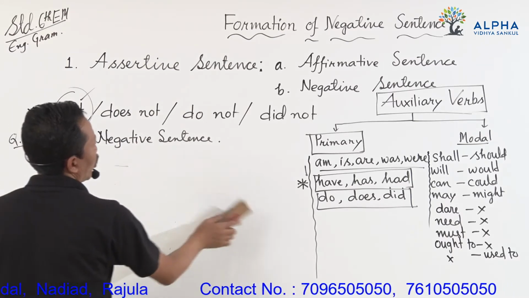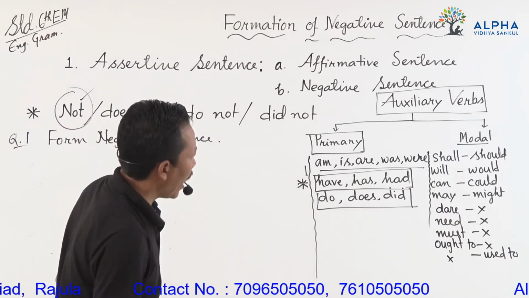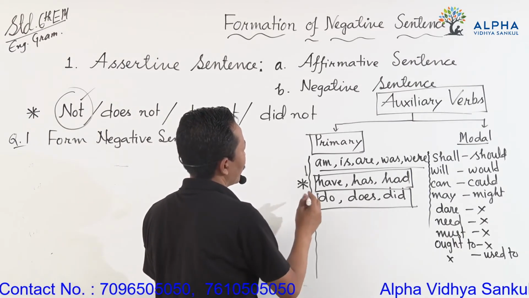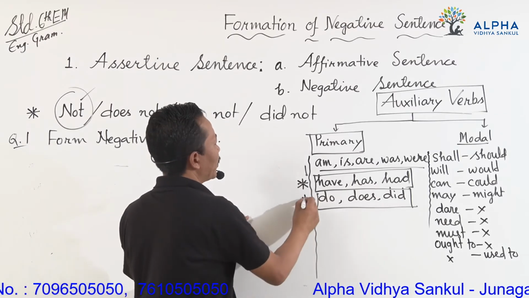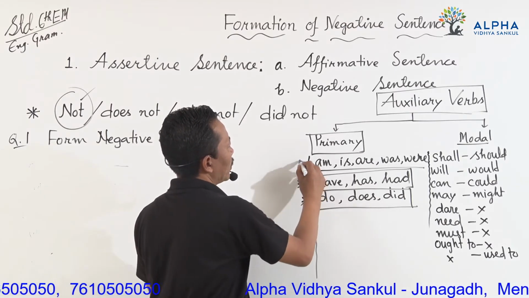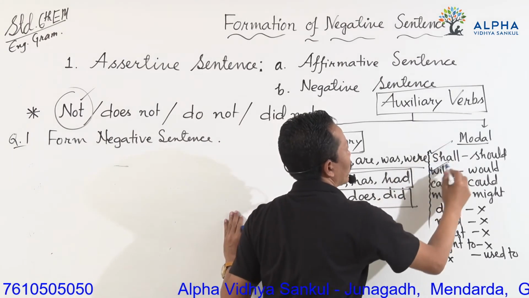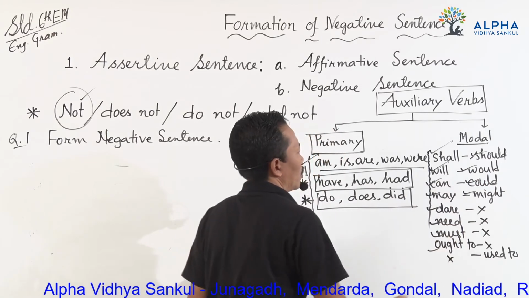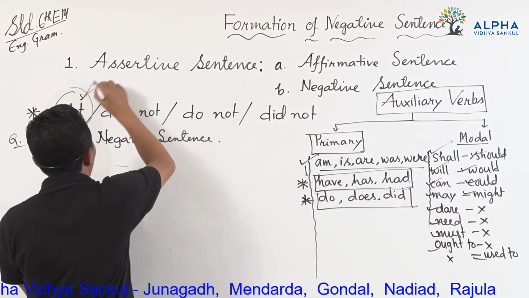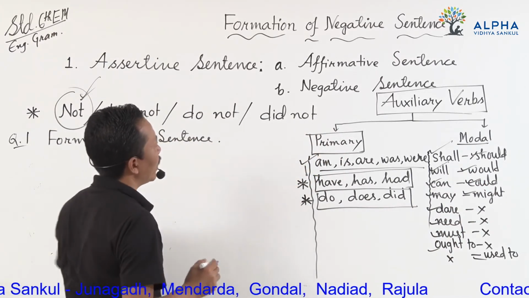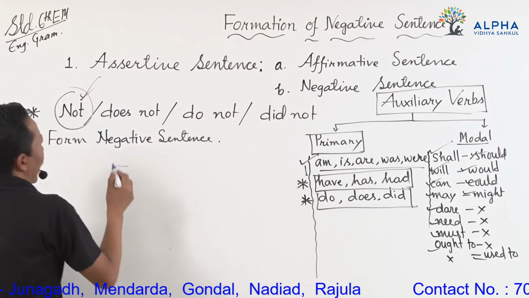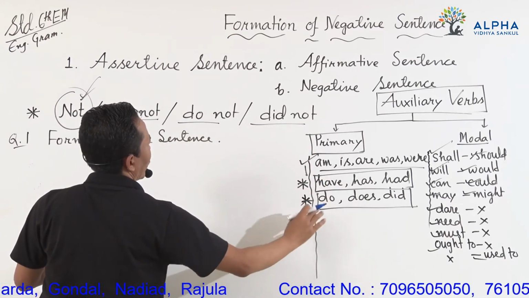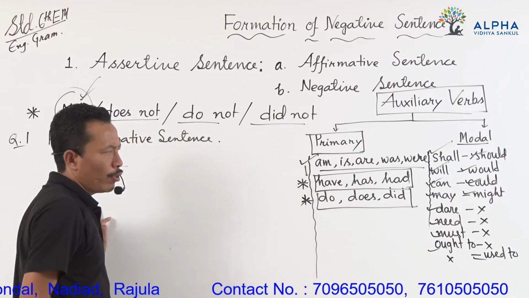And the next is for do or does. And this is also here. And these auxiliary verbs cannot be applied here. We have to apply this and this, all this. We can apply this not rule. But here for do, does, did, we have to apply does not, do not and did not. And this rule will apply here. How will we apply it here?